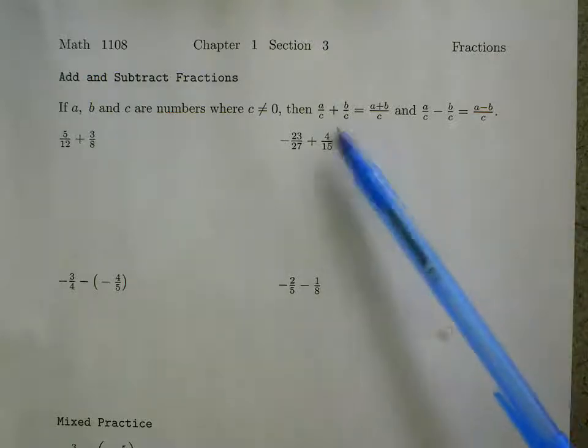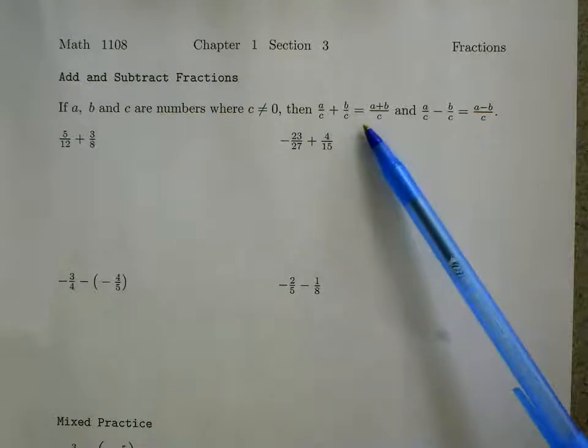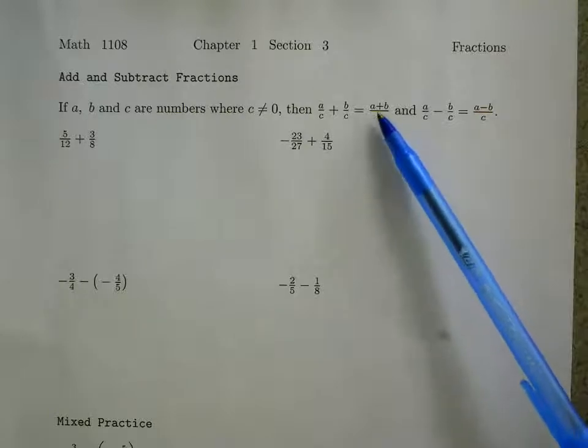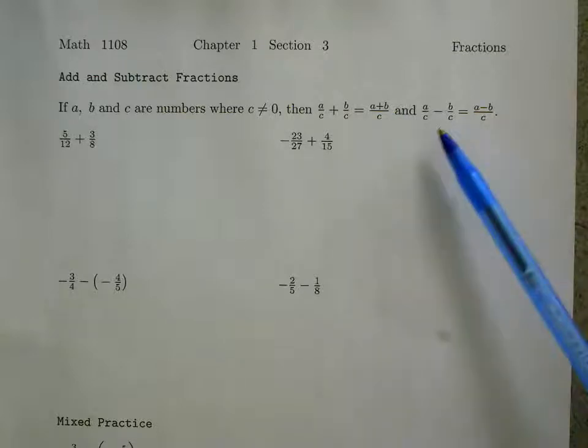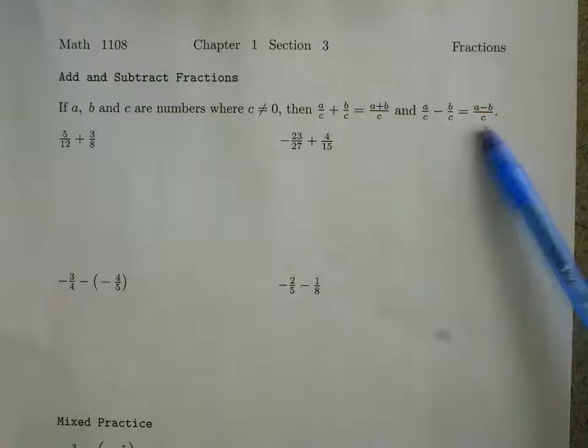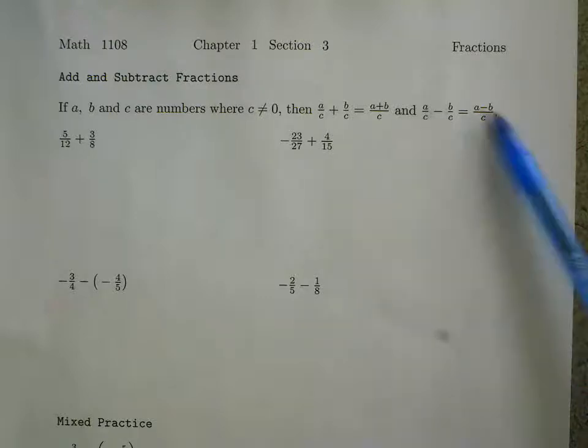So A over C plus B over C equals A plus B over C. The denominator remains C, and you just add the numerators, A plus B. And also with subtraction, A over C minus B over C, the denominator is C, and then in the numerator, it's A minus B.